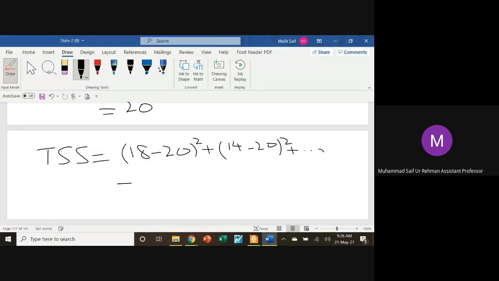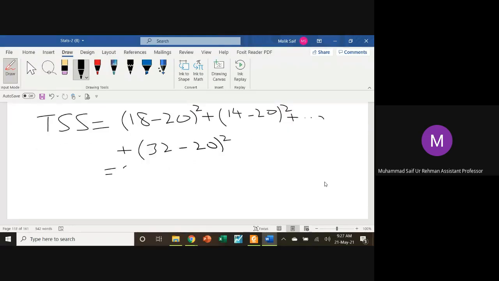Similarly, you will move up to the last term, which is 32, so 32 minus 20 whole squared. When you solve it and add all these terms, finally you will have the value for TSS, and in this particular case it is 578. So this is the total variation in the data.